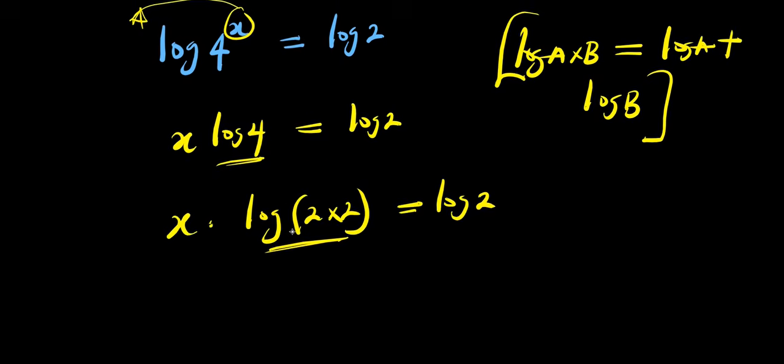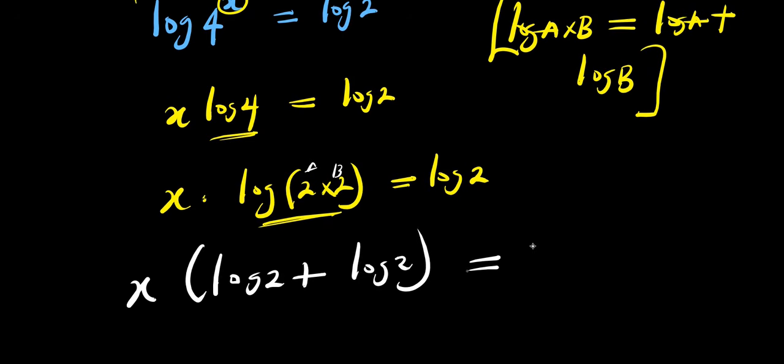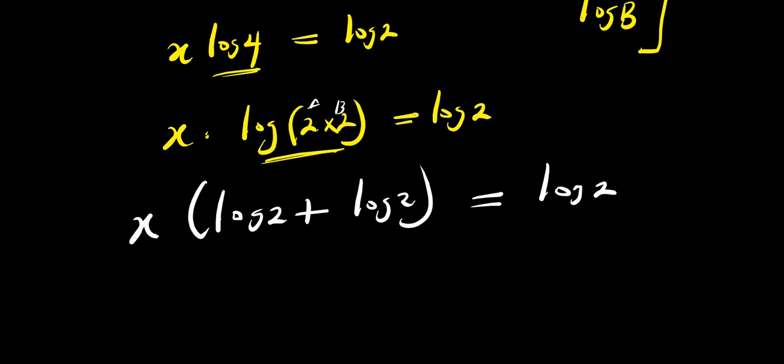That means we are going to have x, this x here will multiply, this is log 2 plus, this is our a, this is b, we have log 2 again, and this equals log 2. So the next thing we are going to do is divide each part of this equation by what we have here.